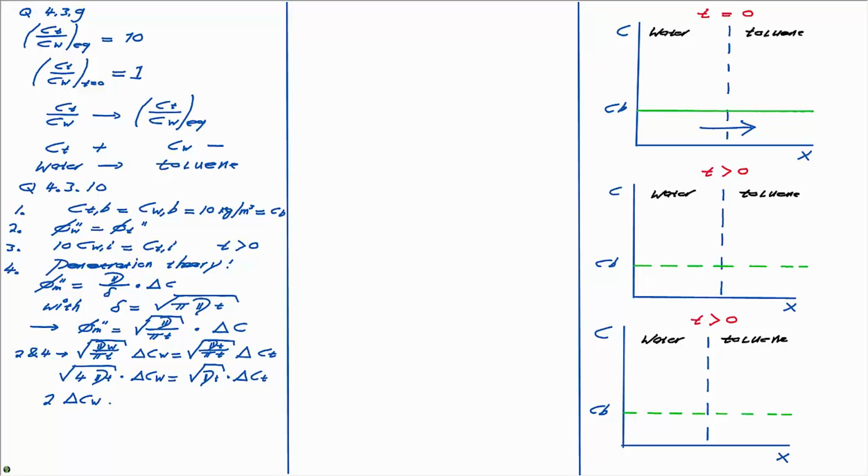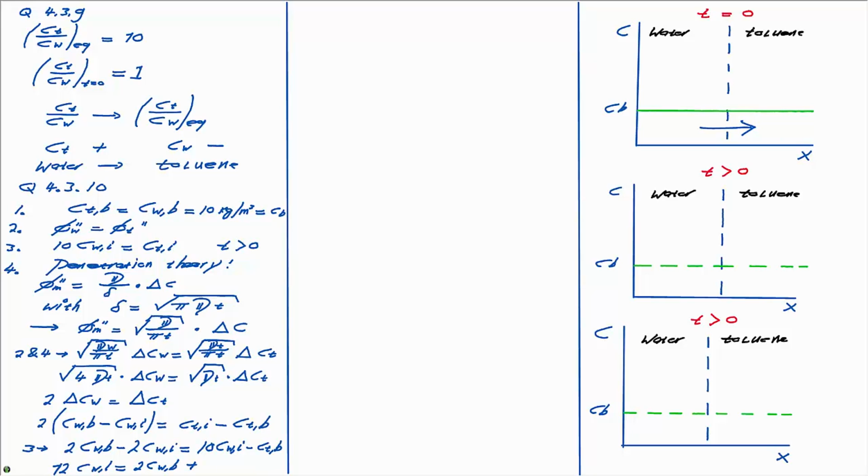Divide by the square root of Dt, and now apply 3. Rearrange, and then we end at Cwi. The concentration in water at the interface is 2.5 kilograms per cubic meter.